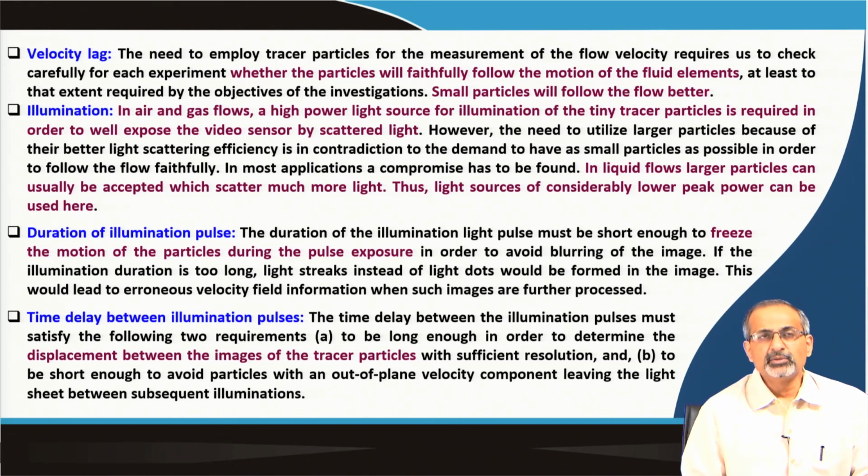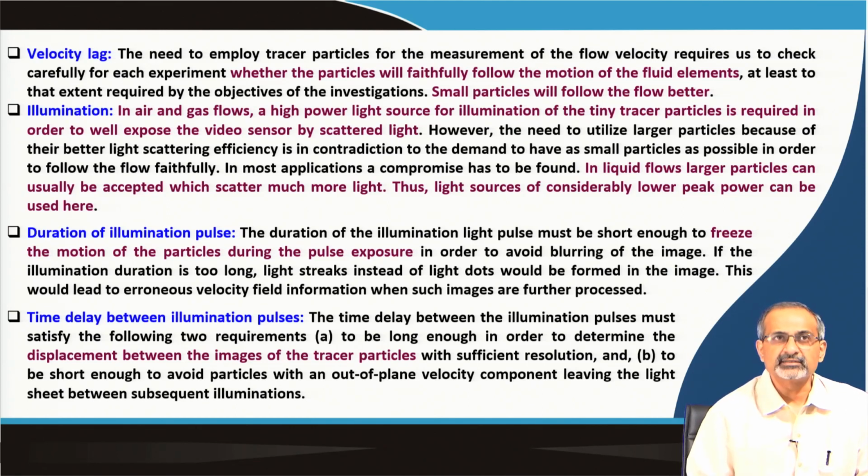As far as illumination is concerned, in air and gas flows, a high power light source for illumination of the tiny tracer particles is required in order to well expose the video sensor by scattered light. Why we use tiny tracer particles in gases and air is because, if the particles get heavier, they would tend to settle.